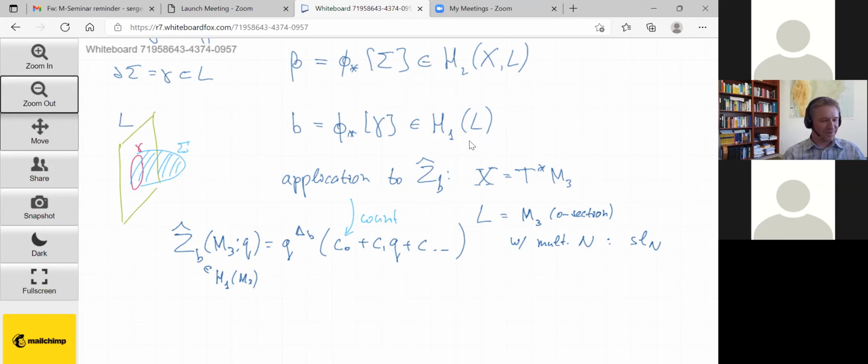So maybe let me end this lecture with one more counting interpretation of these integer coefficients, the C0, C1, and so on, from yet another point of view.